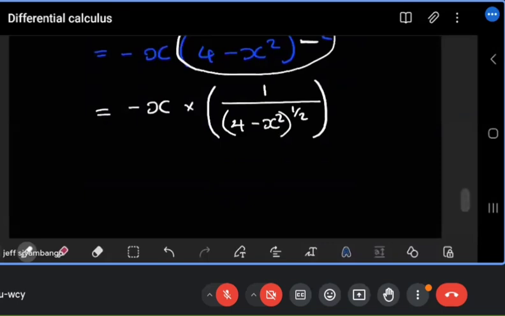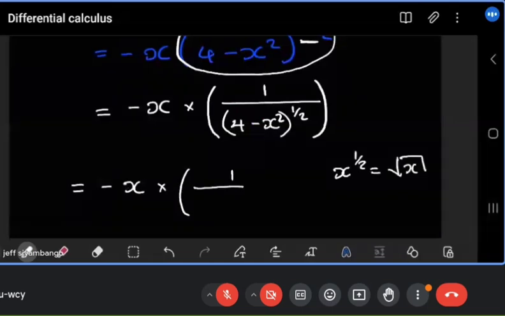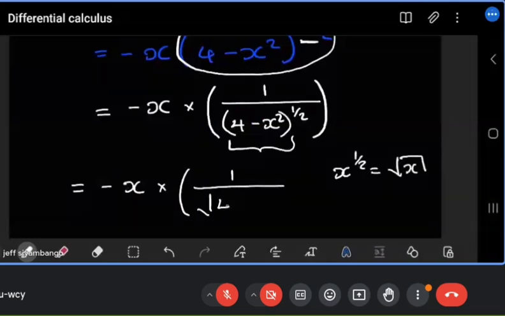Then remember again that if you have x raised to the power half, this is the same as the square root of x. Using this, we now see that this is negative x multiplying 1 over, where we have this because of that positive half as a power, it's now the same as the square root of 4 minus x squared.